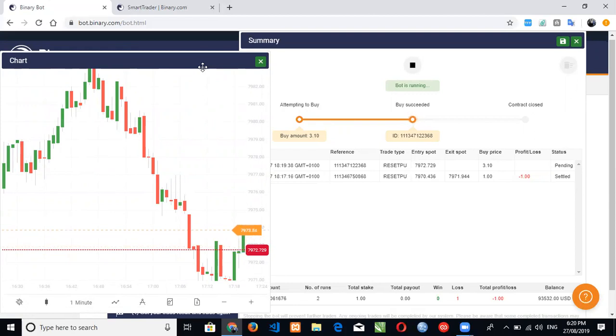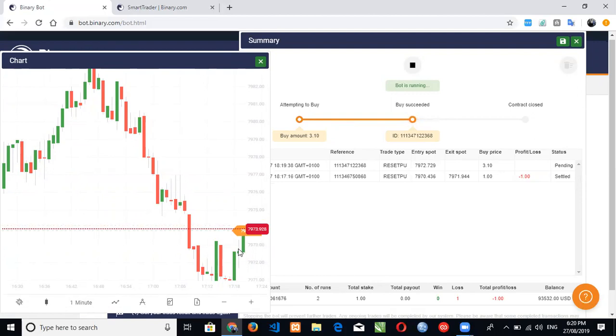There's a reason why such things occur. Most of you will be thinking that the brokers are working against you. Sometimes it's true, but sometimes it's not true.